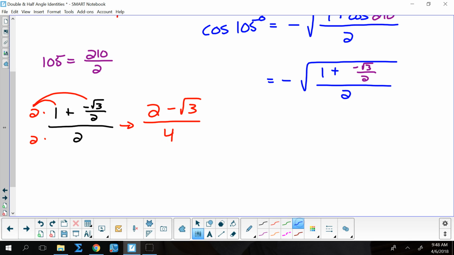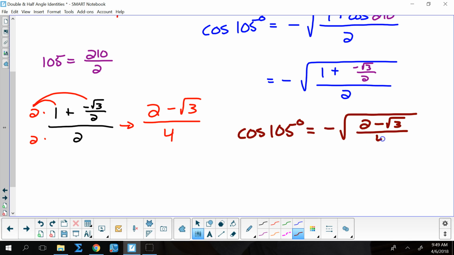So the exact value of the cosine of 105 degrees is going to be equal to negative square root of 2 minus the square root of 3 all over 4, right? Can you not divide those by 2 because you're subtracting the square root of 3? Correct. It would have to come out of the square root of 3 also.